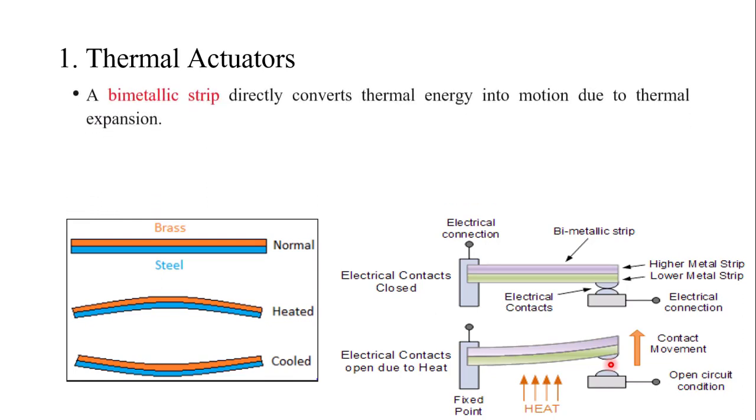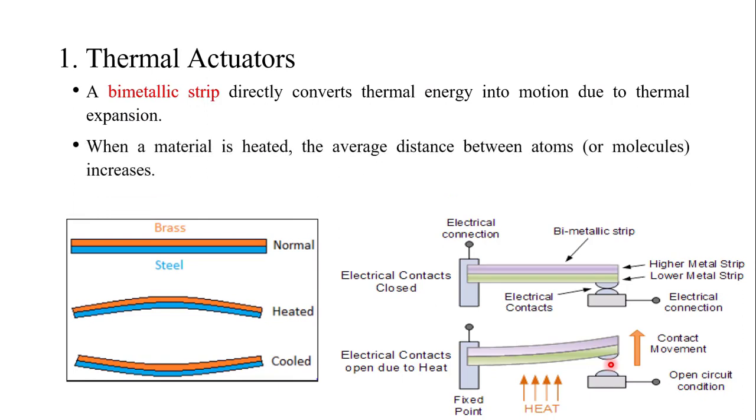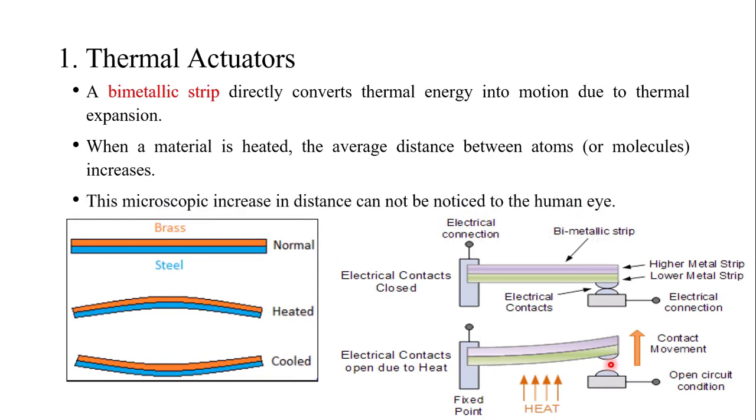So what it actually says is that a bimetallic strip directly converts thermal energy into motion due to thermal expansion. When a material is heated, the average distance between atoms increases. The two materials have different thermal expansion coefficients. The microscopic increase in distance cannot be noticed by the human eye, but there is a very slight movement, and we need it to break this connection. This happens in the actual iron.